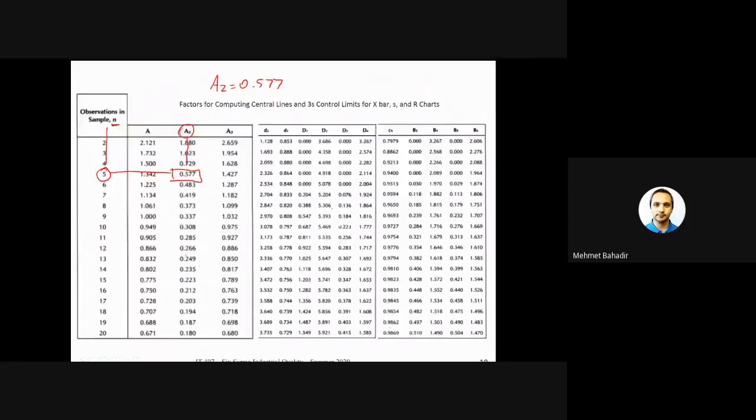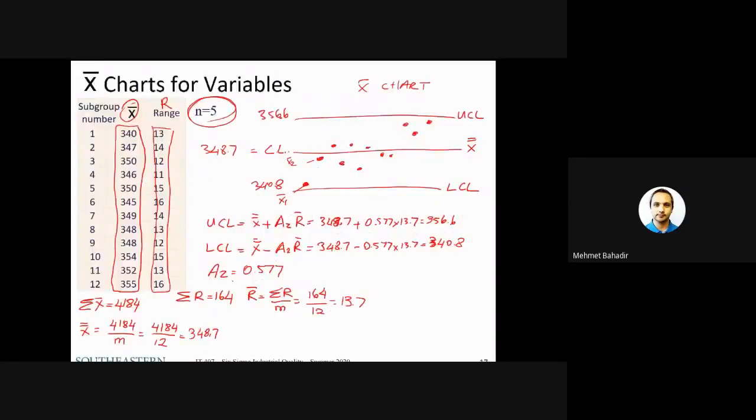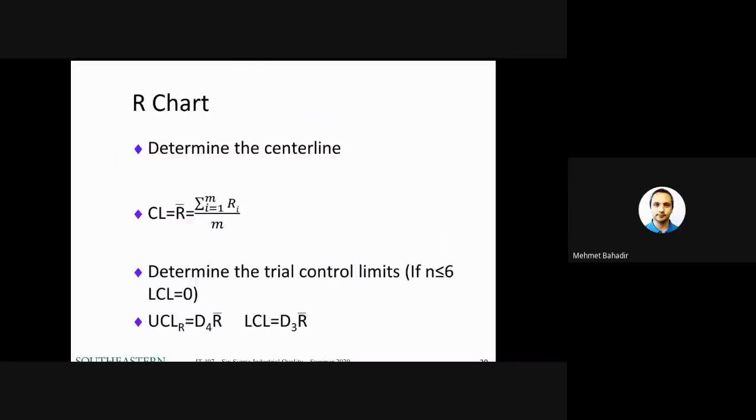But this is not the only chart that we should create. This is only one of the 2 charts we have to create, X bar chart. The next chart we need to create is the R chart. In the first chart, we just analyzed the subgroup averages. We also need to analyze the subgroup ranges. So how do we analyze the subgroup ranges? The same way, by creating a chart with upper and lower and center lines.